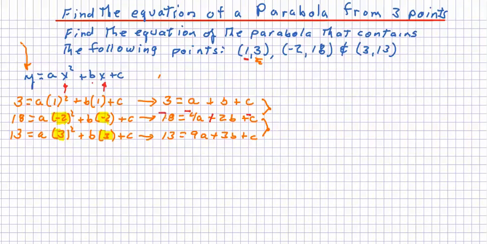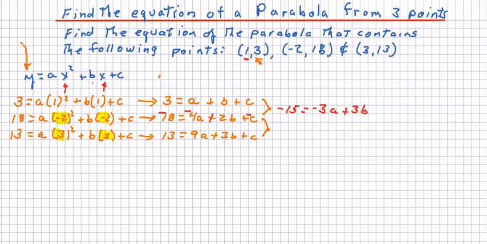And that means I change all my signs. And I do that because it's easier to add than subtract. Now I add the top 2 equations. I get negative 15 equals negative 3a plus 3b.